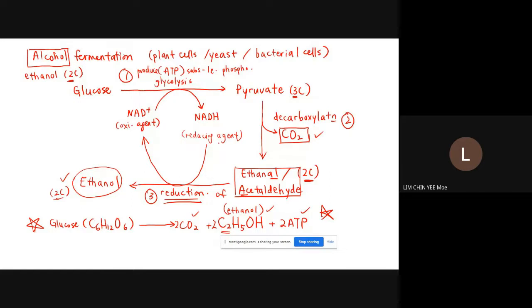Right, class. Reduction means gain ke loss electron? Gain. Reduction maksudnya gain electron. So, kalau I cakap reduction of acetaldehyde, maksudnya siapa yang gain electron?